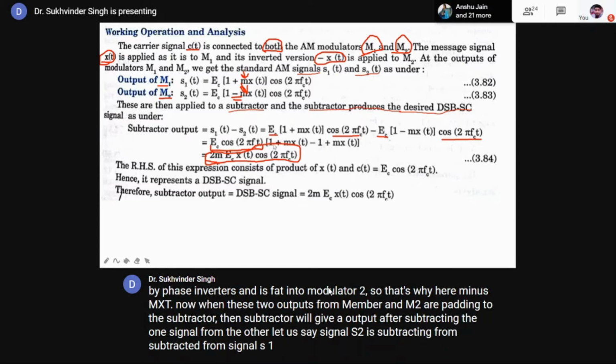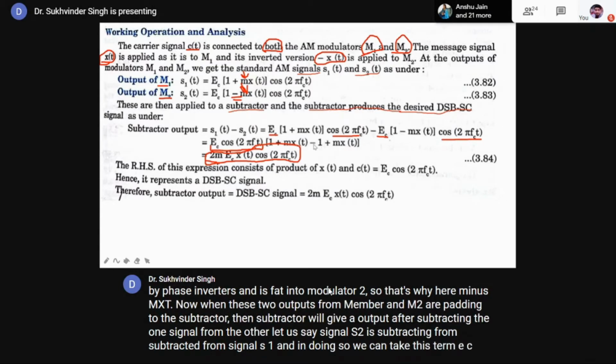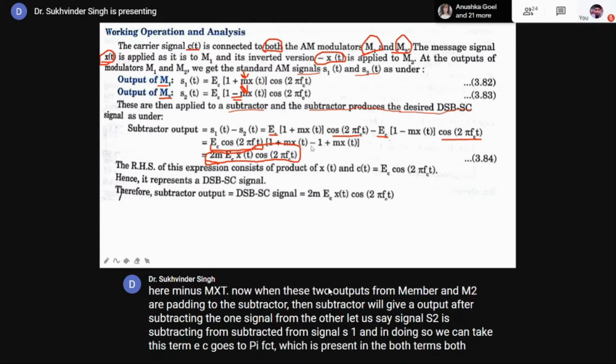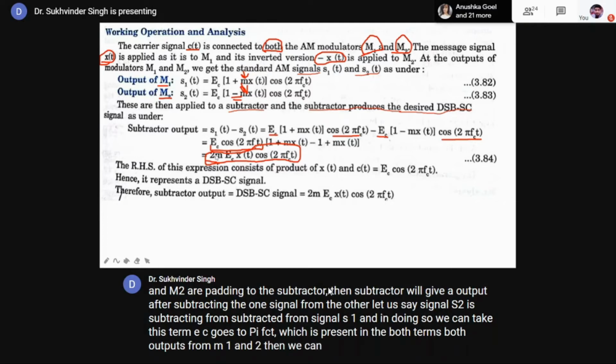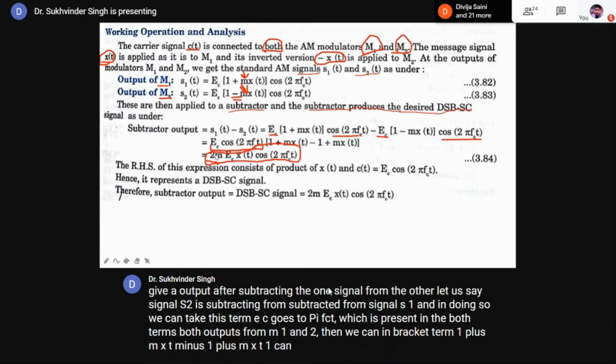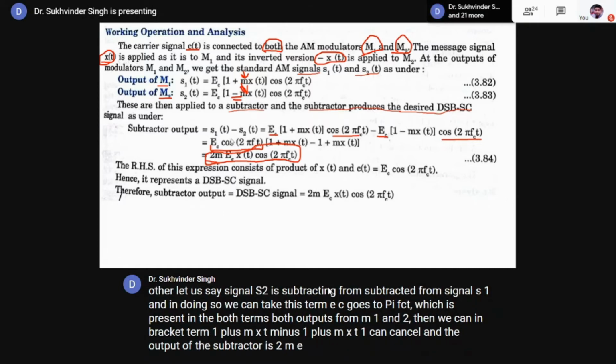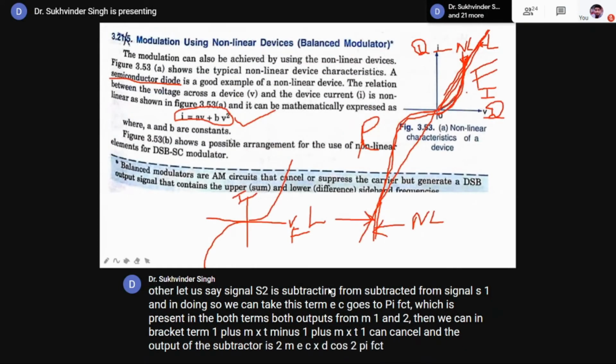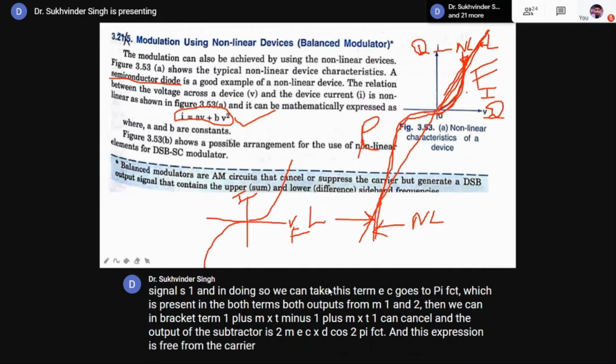Then we get in the bracket the term 1 + m x(t) minus 1 + m x(t). The 1 gets cancelled, and the output of the subtractor is 2 m Ec x(t) cos 2 pi fct, and this expression is free from the carrier. And that's why this is called the double sideband suppressed carrier method.